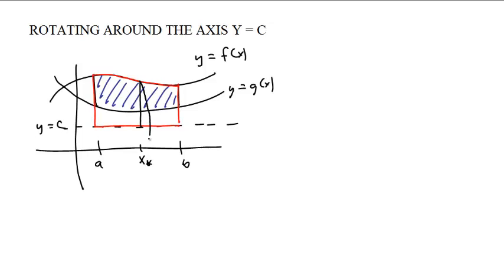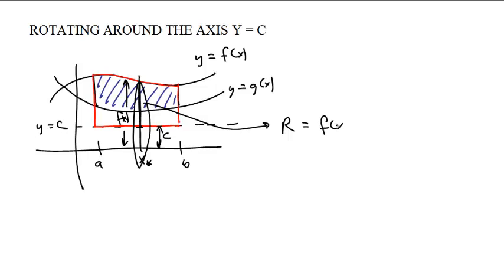This is going to slice into a circle, and what we care about is the radius of this circle. The radius is f of x minus c. f of x goes from here to here, and c goes from there to there.